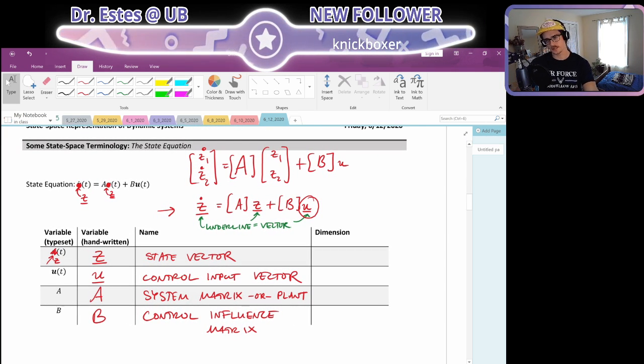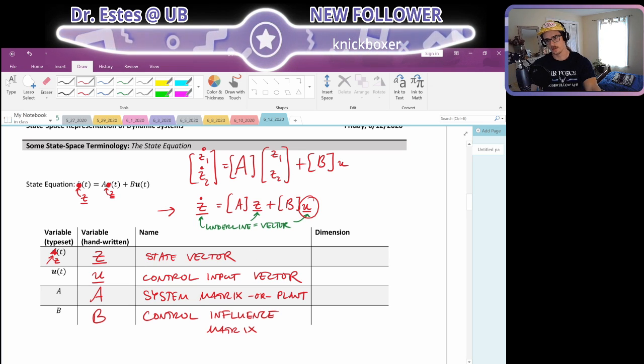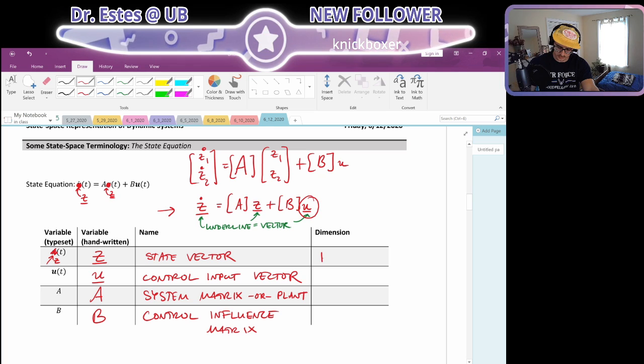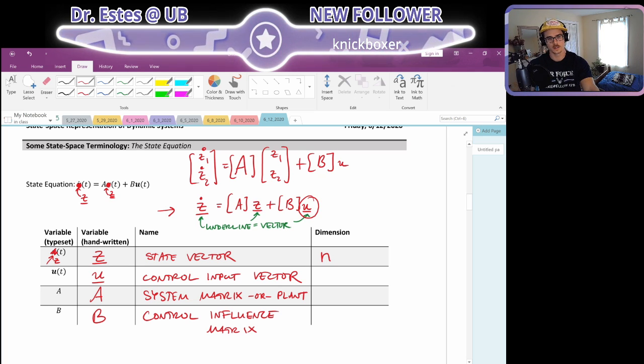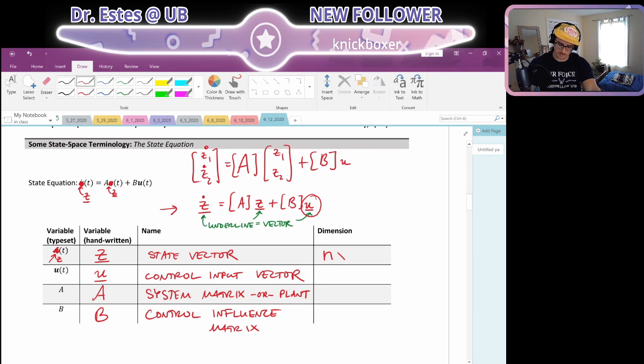We have to talk about the dimension of these matrices a little bit. This will get easier the more we practice, but okay, the state vector. The number of states is equal to the order of the system. I said that at the beginning of the lecture. So the order of a system, we usually say it's n. So the state vector is going to be n states stacked on top of each other.